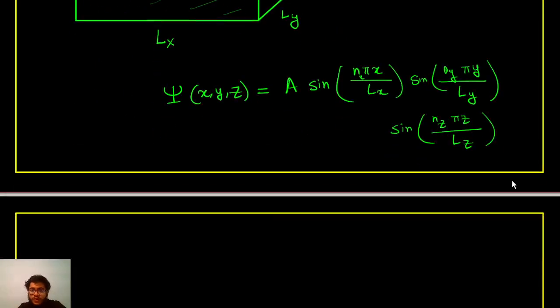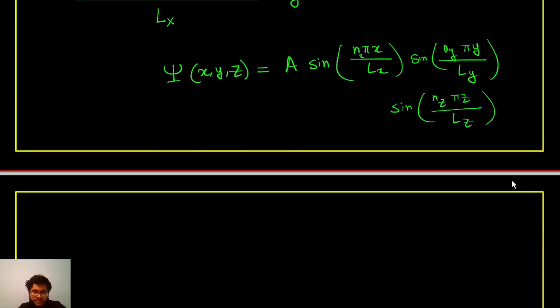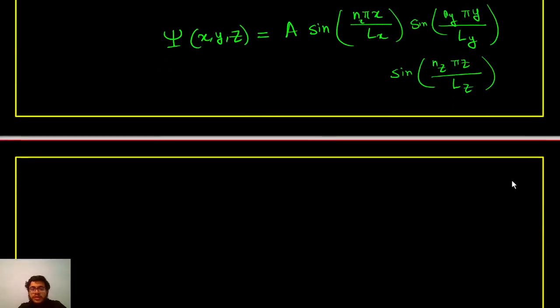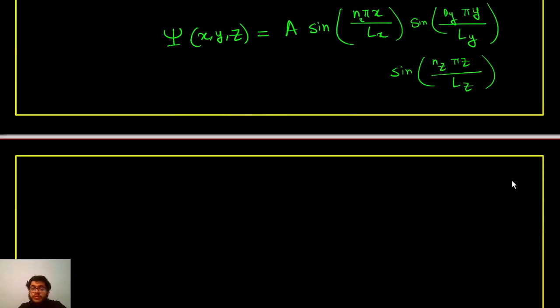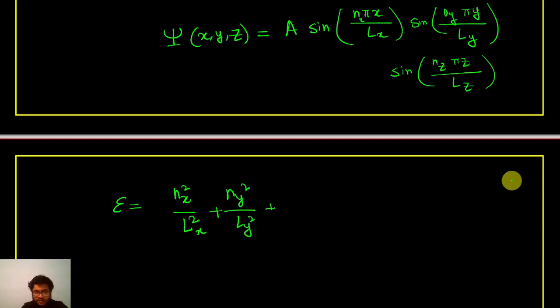So what will be the energy? The energy is often given as nx square by lx square plus ny square by ly square plus nz square by lz square. So this is what the energy will be. This can be a little bit of math.